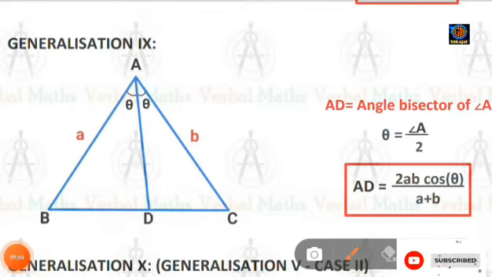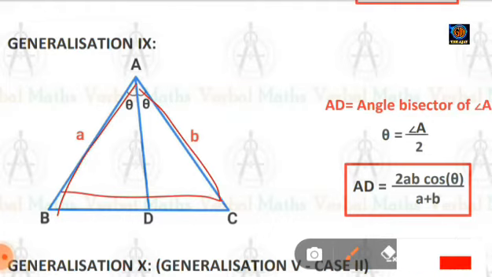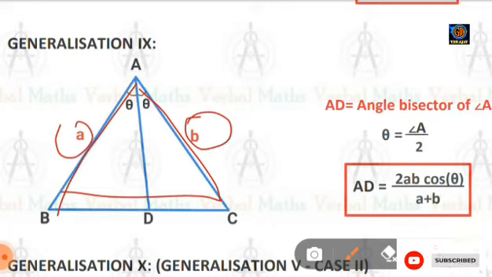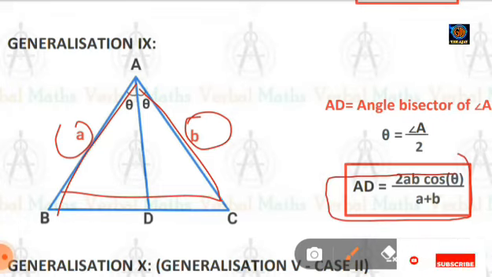Okay, this is the next generalization: triangle ABC is here and theta is the angle bisector, A and B are the sides, and AD is equal to twice AB cos theta by 2 over A plus B.